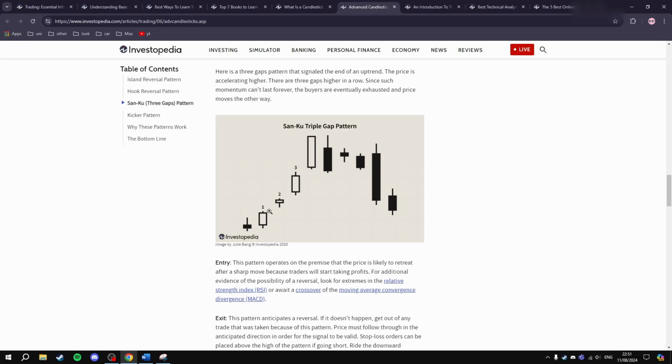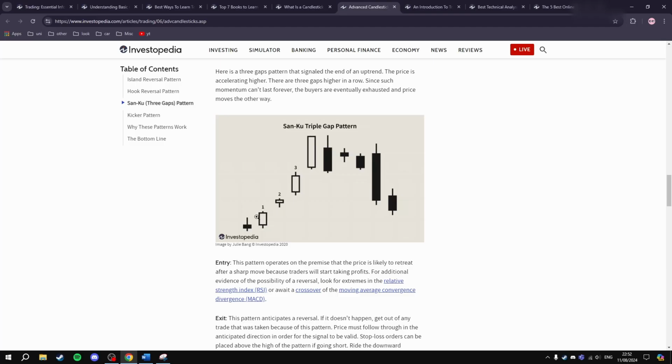So it opened higher than when it closed, and this one also opened higher than when it closed. This one opened higher than when it closed, but for this one it opened below where it closed. So the momentum has been lost. And yeah.